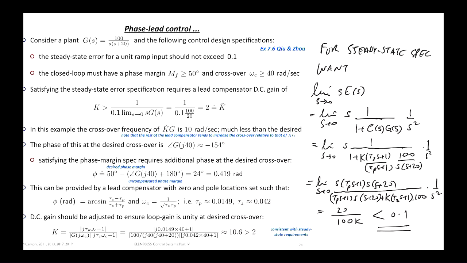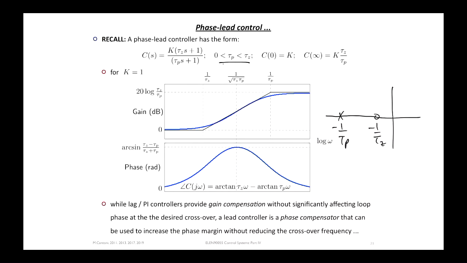So we can use the pole and the zero of the lead compensator to add phase at the desired crossover frequency. In order to exceed our specification, we need at least 24 degrees of extra phase, and that can be achieved by choosing the location of the zero and the pole to give us the desired phase from the lead compensator.